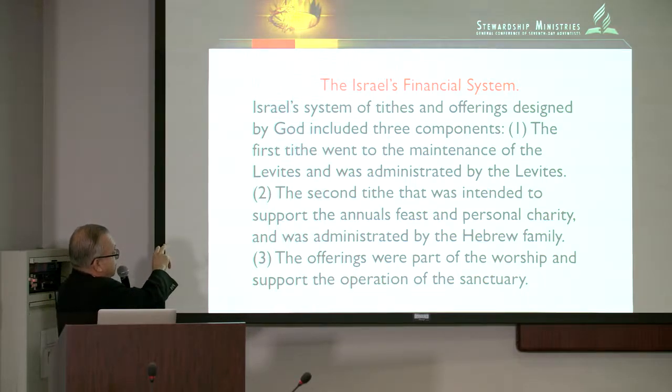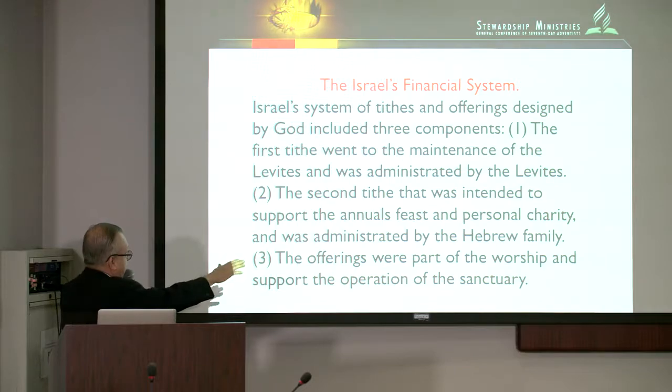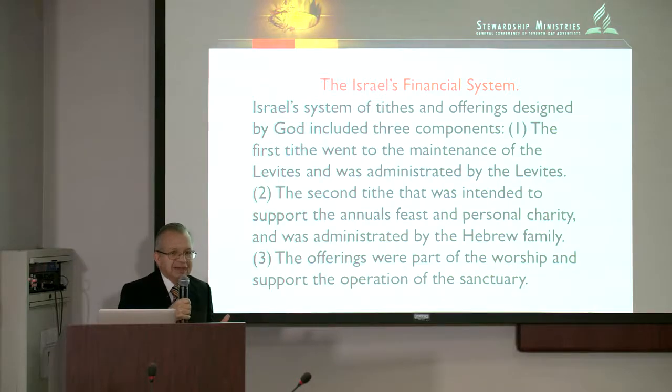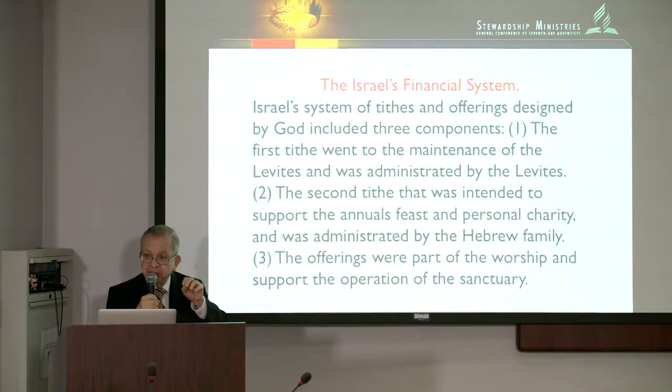Number two, okay, we explained it already. Number three, the offerings were part of the worship and supported the operation of the sanctuary. And the offering is mostly 5% of the tithe.